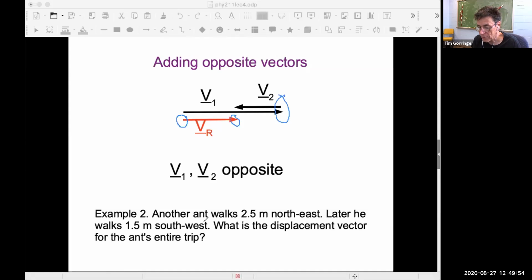What's the resulting displacement for the entire trip? So this is a case of two opposite vectors now. Northeast and southwest are opposite directions. And so we're adding together two vectors that point in opposite directions. So let's see if we can do this.